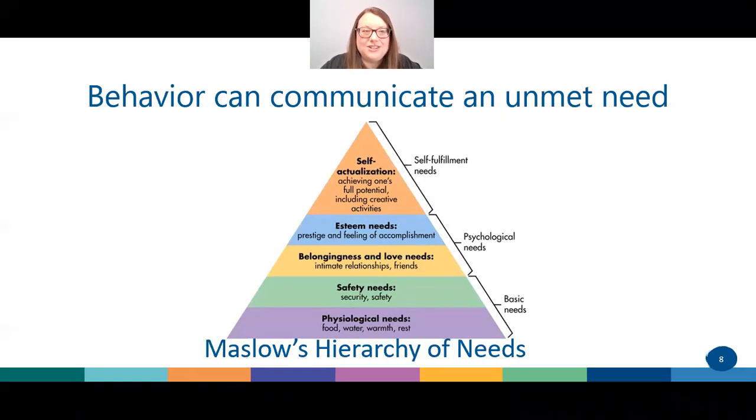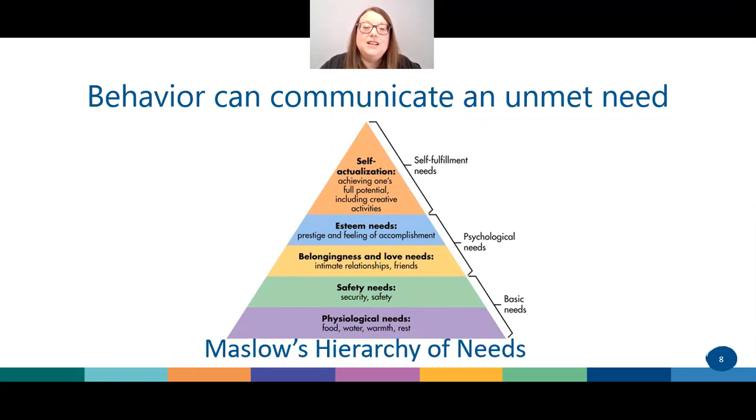There's several different versions of Maslow's hierarchy of needs. This is the original one. But once people's basic needs are met, once they're fed, once they have clean water to drink, once they have an appropriate amount of sleep, the next need that people tend to look to satisfy are what we call their safety needs.